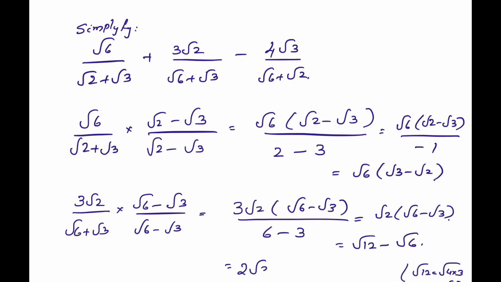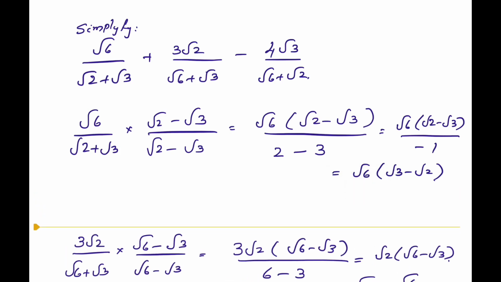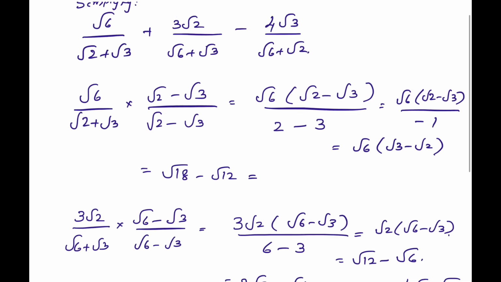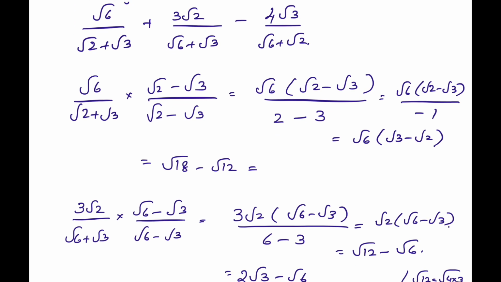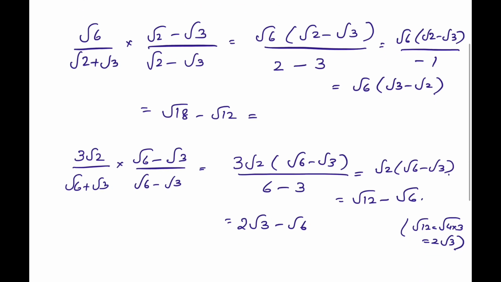So 2 root 3 minus root 6. In the earlier step, we can write this as root 18 minus root 12, which again can be simplified. No, I think we will do the simplification at the end so that you don't waste your time, because some terms will get cancelled. So leave it like this for now.